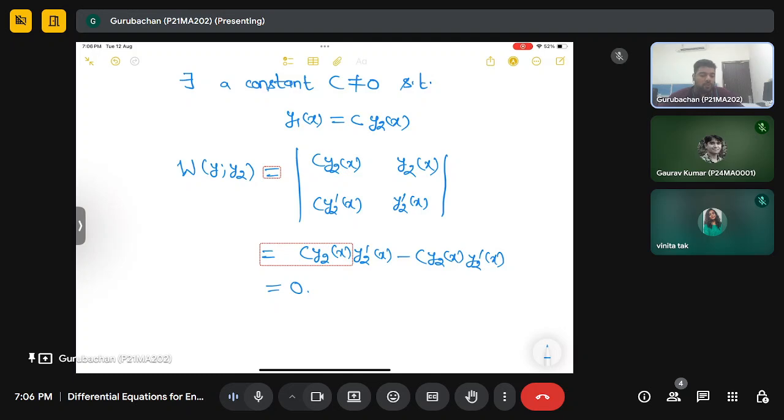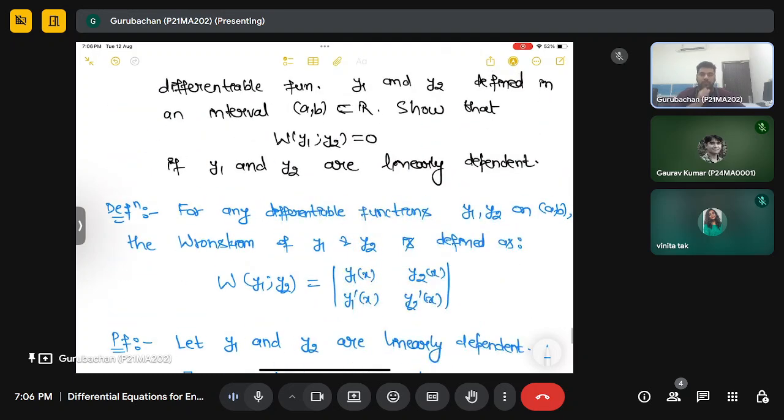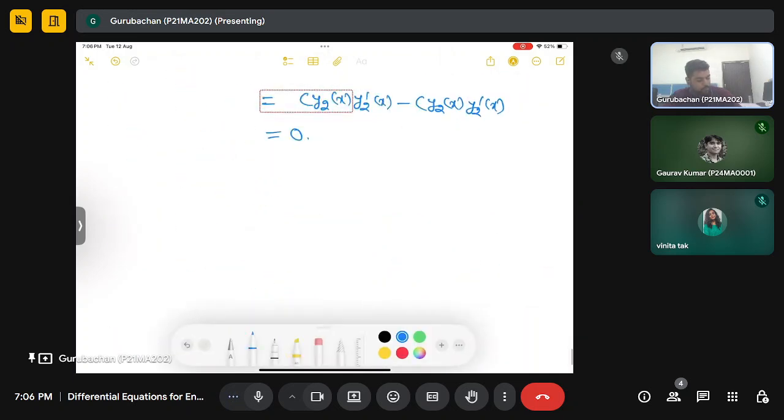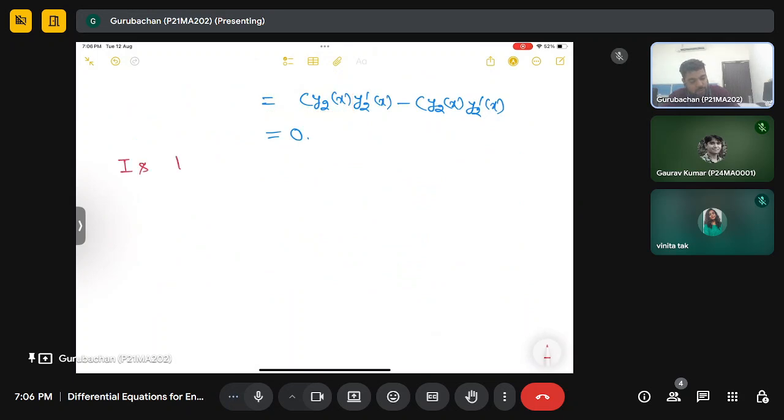Now here the natural question arises that we have proved that when y1 and y2 are linearly dependent, then we are able to guarantee that its Wronskian is 0. Can we say that if the Wronskian is 0, then we can guarantee y1 y2 are linearly dependent? That means the converse. So I am putting the question: is the converse true?